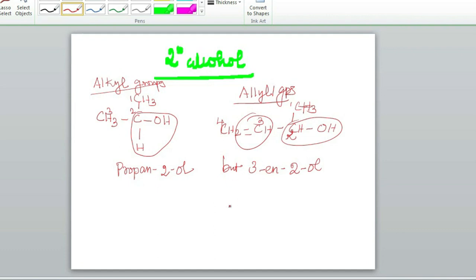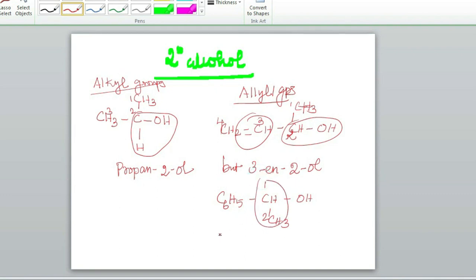And then the phenyl group, which we call C6H5, CHOH, then CH3. You just give the numbering 1 and 2. We do not take this as an alkyl group only.